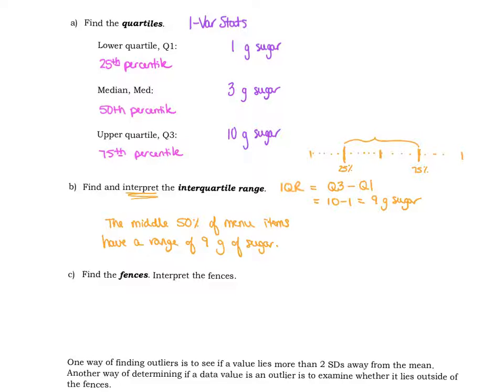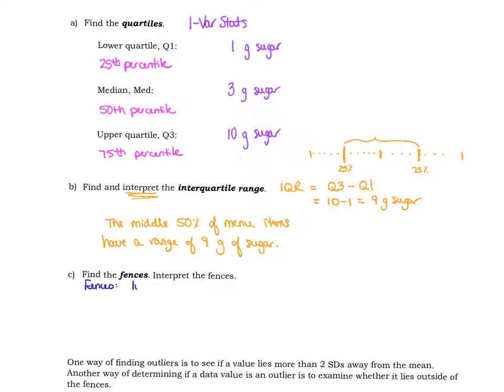All right, find the fences. The fences are another way to determine outliers. We've already talked about 2 standard deviations above and below the mean. That still works, but this one is by using fences. So let me tell you how to find the fences.